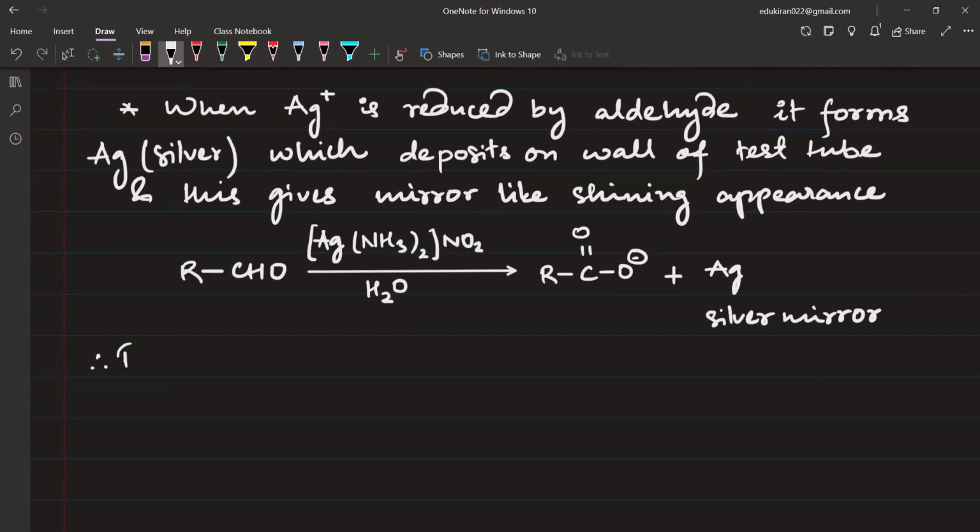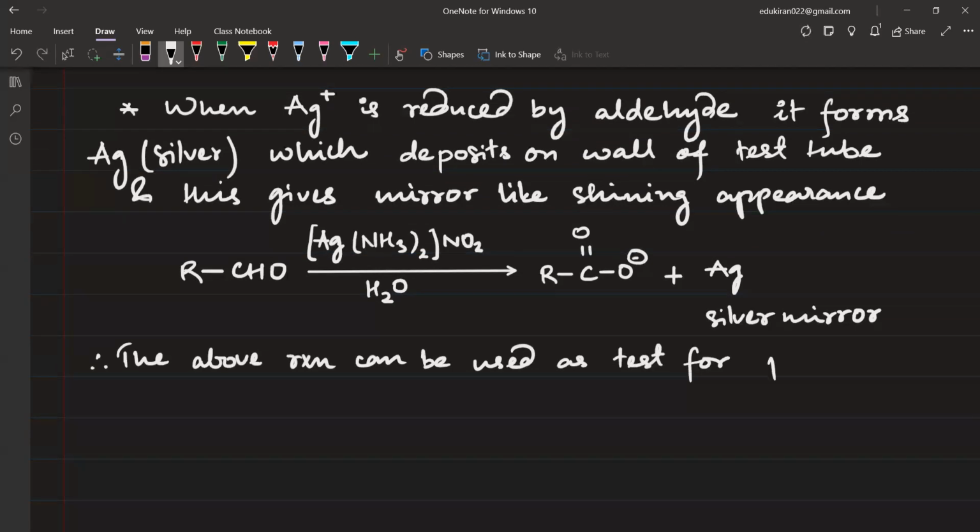Therefore, the above reaction can be used as a test for the presence of the aldehyde group.